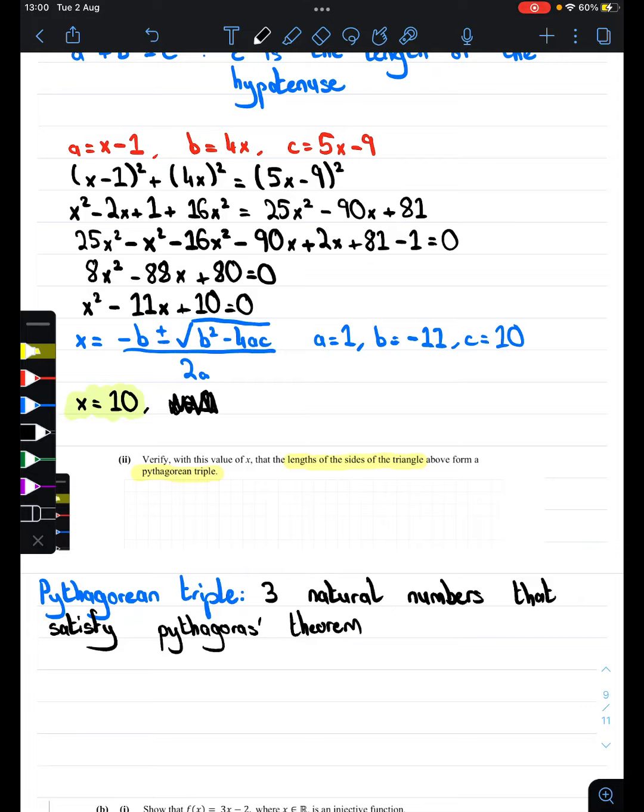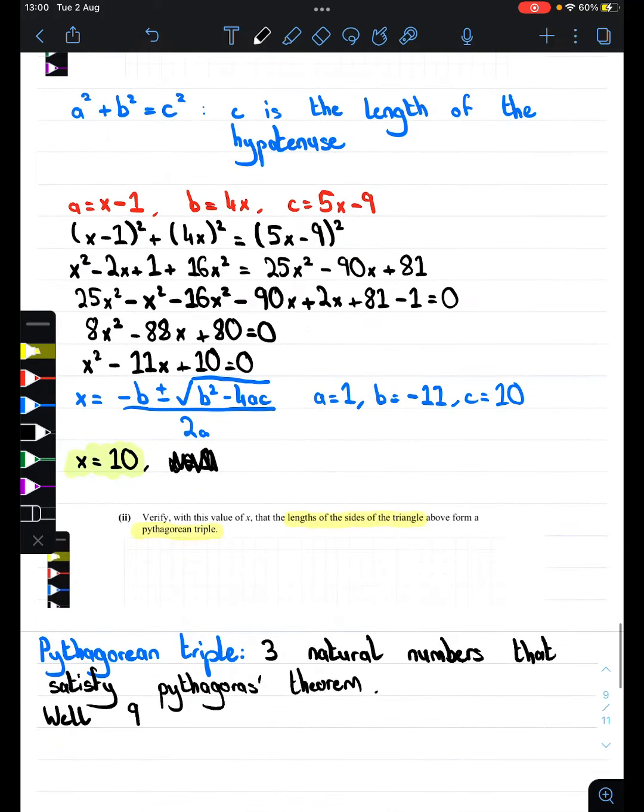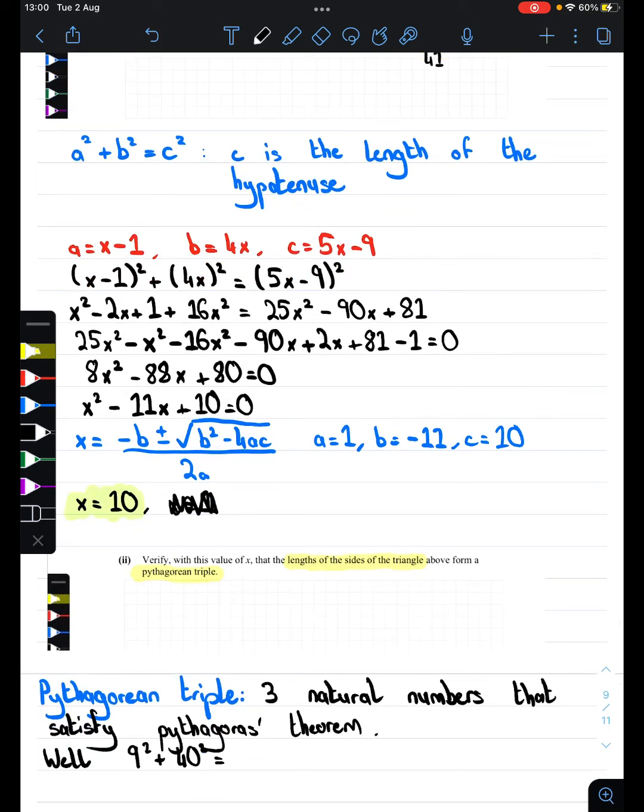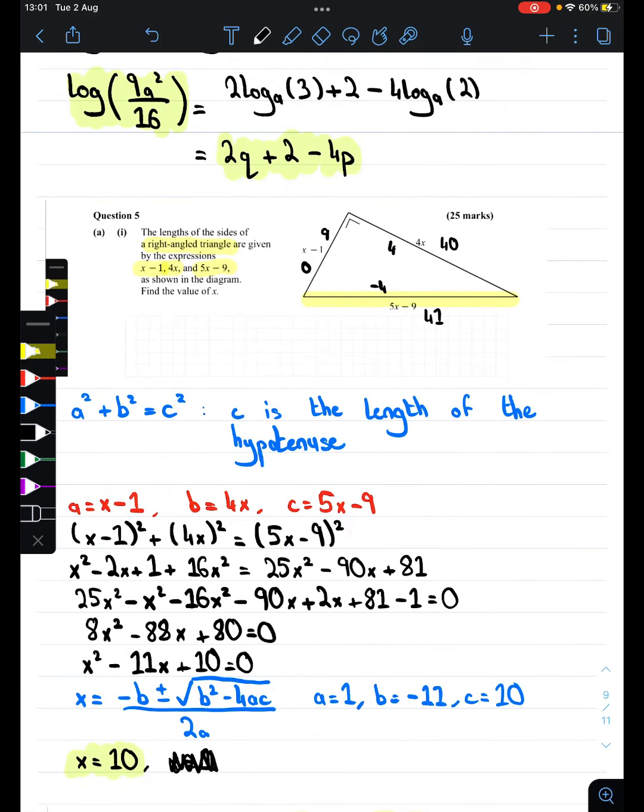For example, the classic Pythagorean triple is 3, 4, and 5, because 3 squared plus 4 squared is 5 squared. Well, the length of one is 9, so 9 squared plus 40 squared, the length of the other, does that equal 41 squared? Well, of course it does. That's how we found it out.